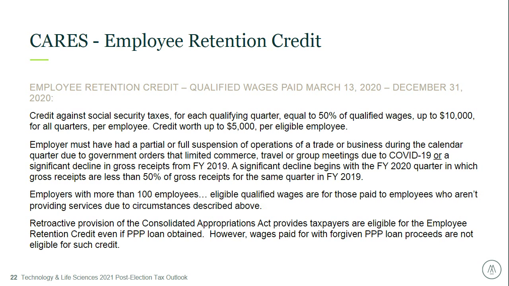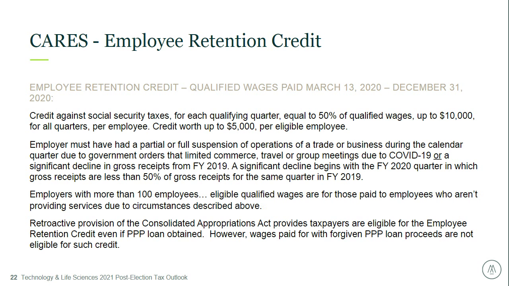Now, in order to obtain this credit, you've got to meet one of two criteria. The first is the employer must have had a partial or full suspension of operations of their trade or business during the calendar quarter due to government orders that limited commerce, travel, or group meetings due to COVID-19, or a significant decline in gross receipts from fiscal year 2019.